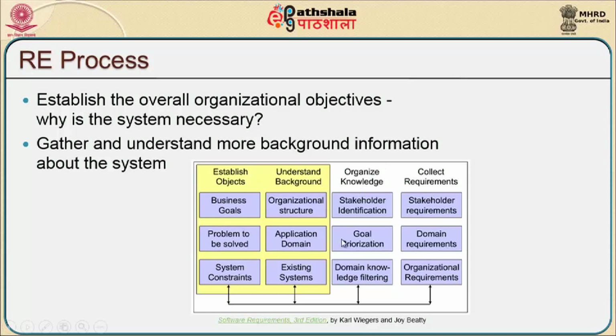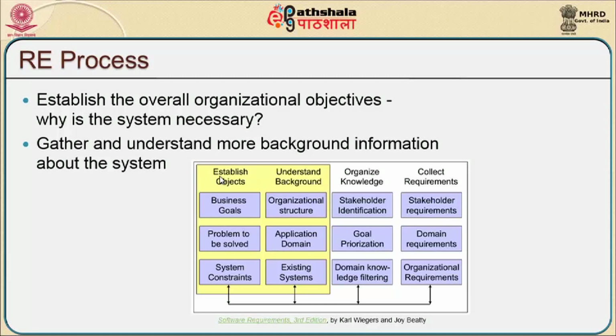So by establishing the objectives, we make our system very clear on the business goals, the problem that is to be addressed, and the various constraints that the system will undergo. At the same time, when we study the background process of the entire system, we study the structure of the organization.